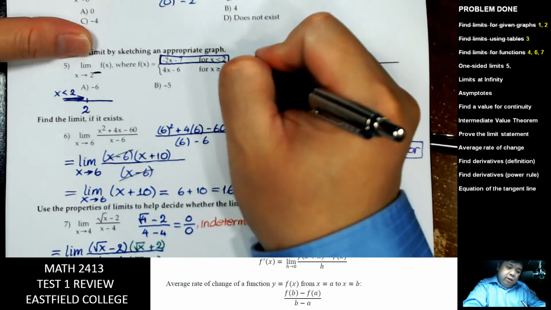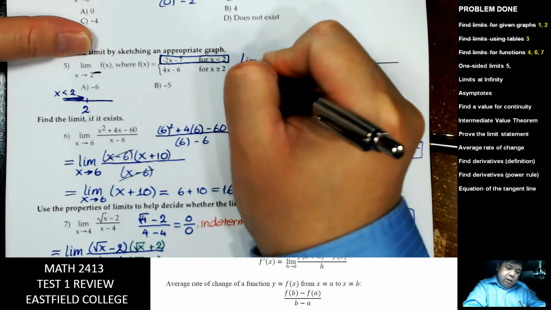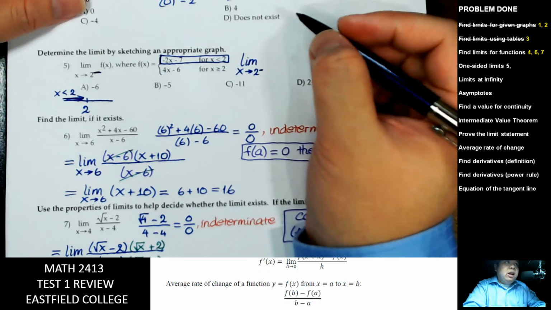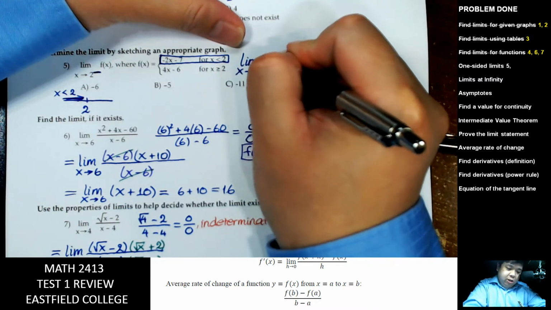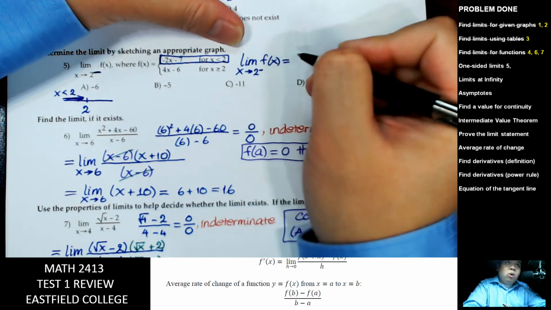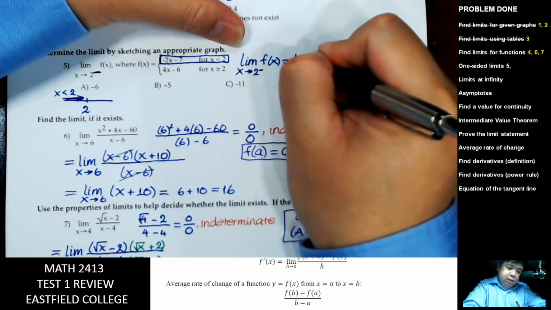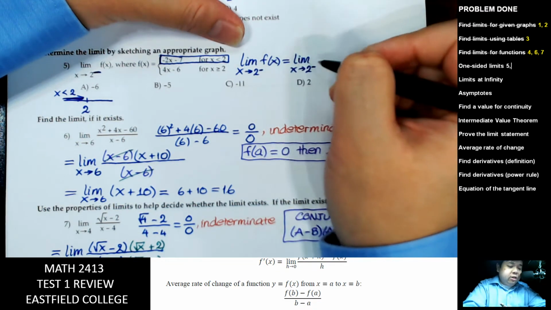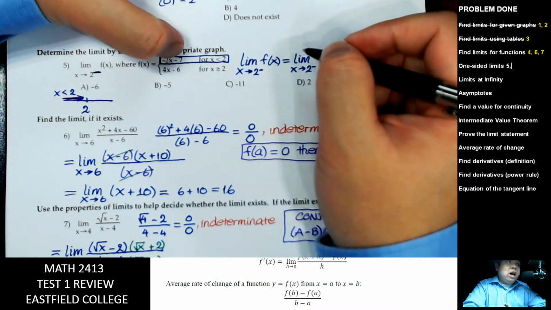So the limit when x goes to 2 from the left of the function will be equal to the limit when x goes to 2 from the left of negative 2x minus 7.